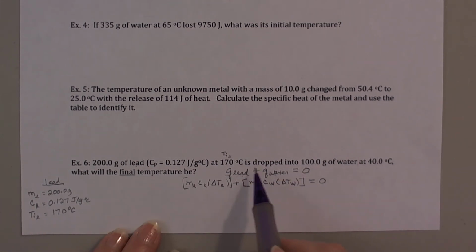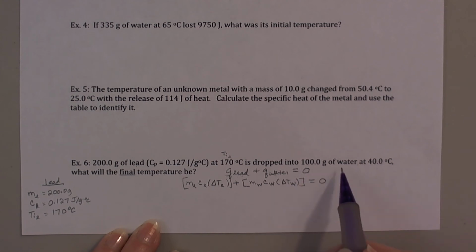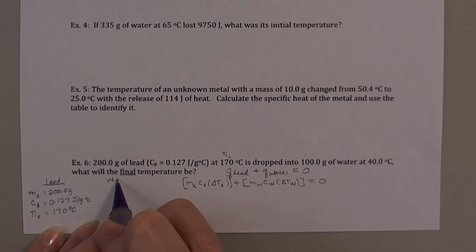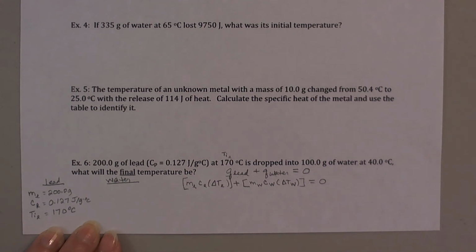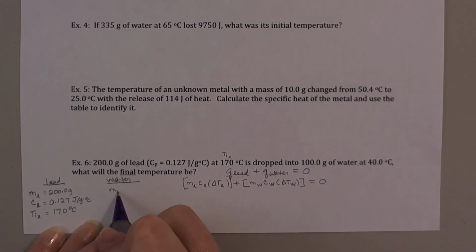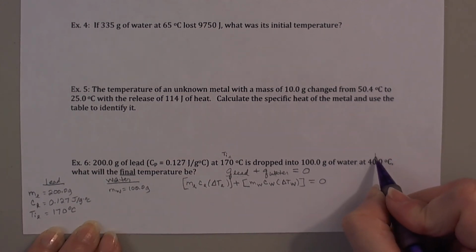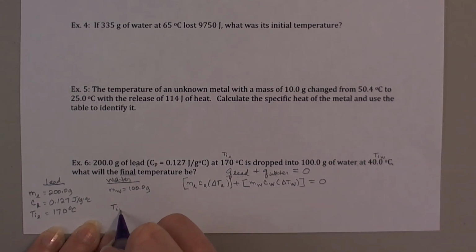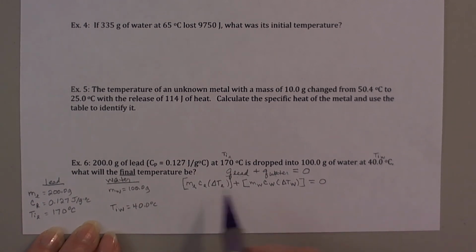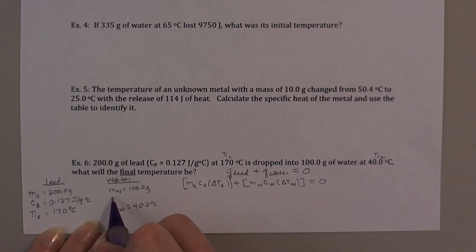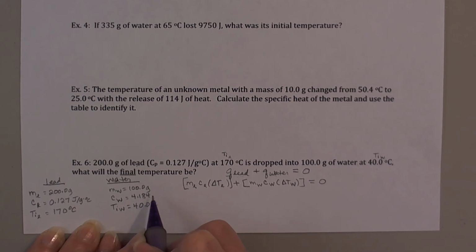Now it switches and gives us information on the water. So I'm going to write a different list of variables for my water. It says the mass of that water is 100 grams. The water is initially at 40 degrees Celsius, so the T initial of the water is 40 degrees Celsius. Now, it doesn't give you the specific heat of the water, but you have to have memorized it's 4.184 joules per gram times degrees Celsius.